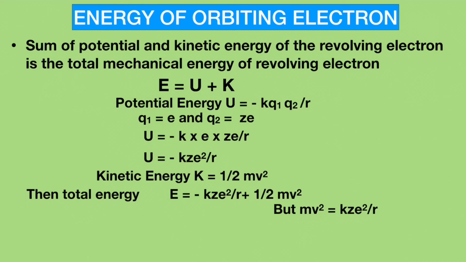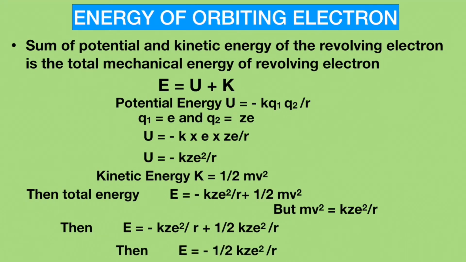If we replace this, we get E = -kZe²/r + ½kZe²/r. If you solve this, we get E = -½kZe²/r. So this is the total energy of the orbiting electron.